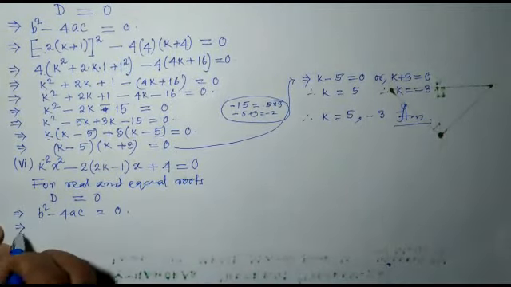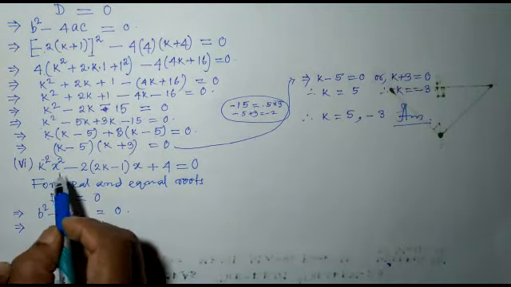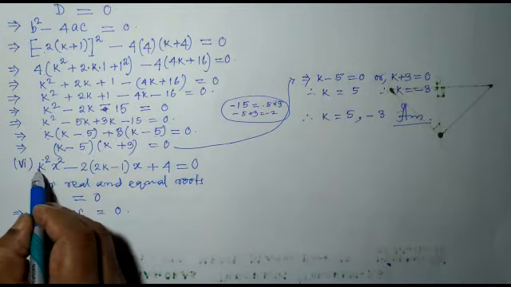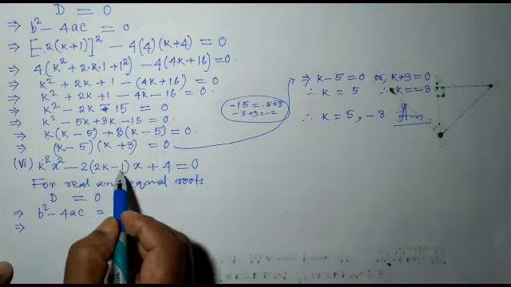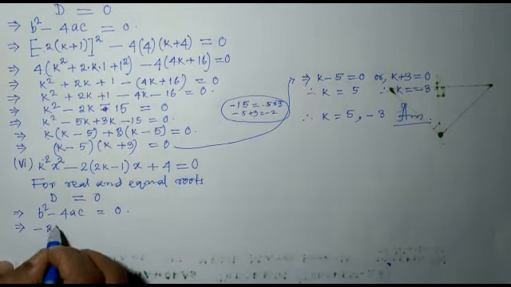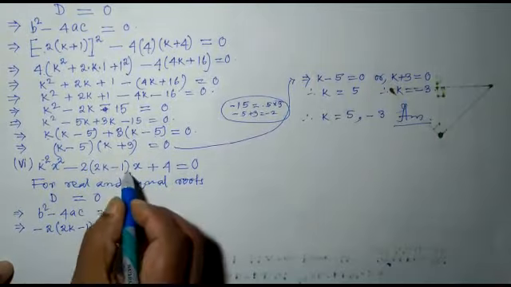Then calculate this b square minus 4ac. Look at the equation. What are a, b, c? A is the coefficient of x square, it is k square, and b is the coefficient of x, it is minus 2 into 2k minus 1, and c is 4. So let us write here b square. It is minus 2 into 2k minus 1. This is our b, coefficient of x.